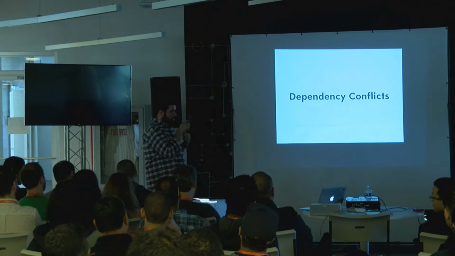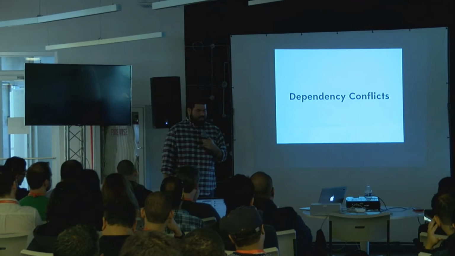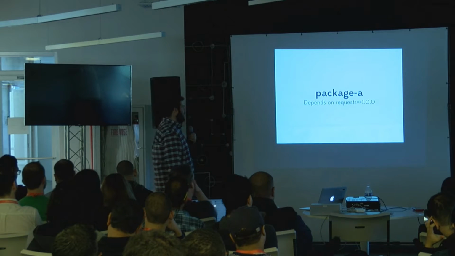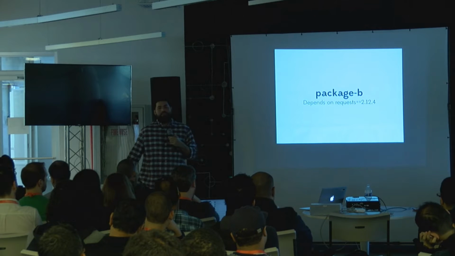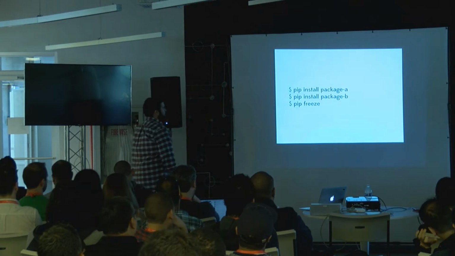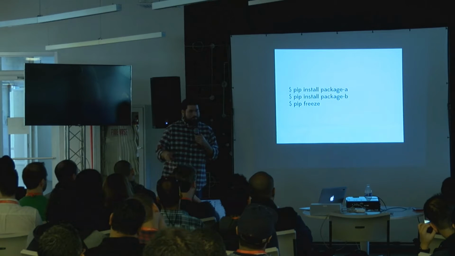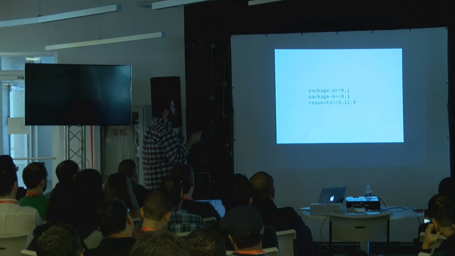Now, let's see how pip actually manages dependency conflicts. Let's imagine we have a package A that depends on requests version 1.0, and we have a package B, which depends on requests 2.12.4. If we run pip install package A, and then we run pip install package B, and then when we run pip freeze, we'll see something like this.